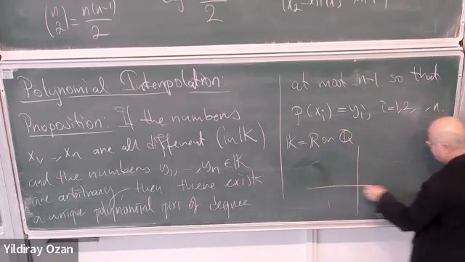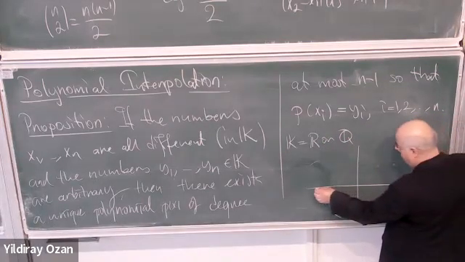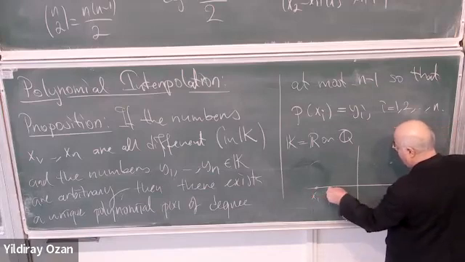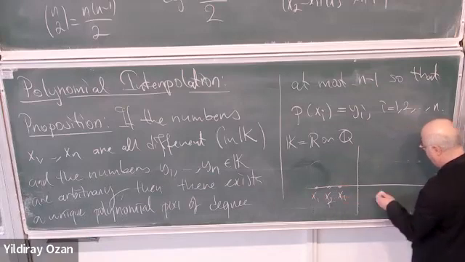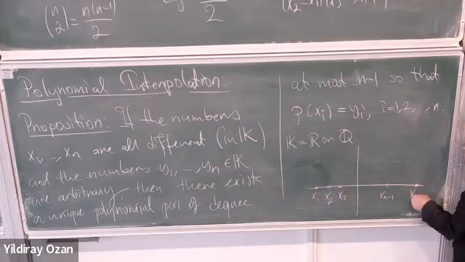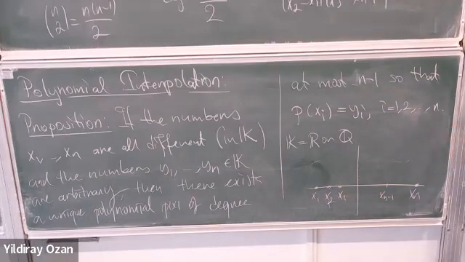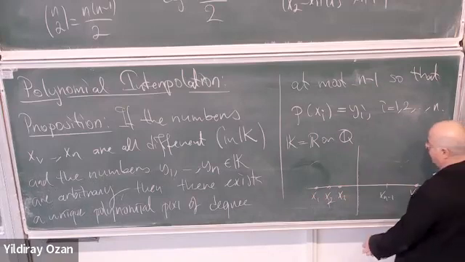So what it tells us is the following: if you choose distinct numbers like this, x1, x2, x3, up to x n minus 1, xn, just arbitrary distinct numbers, and choose arbitrary y values.